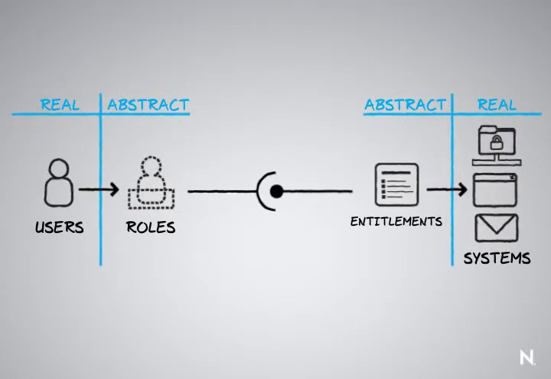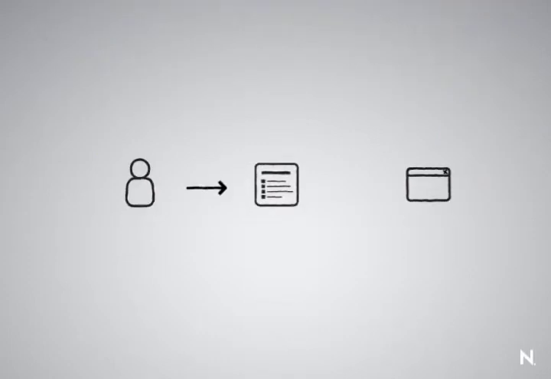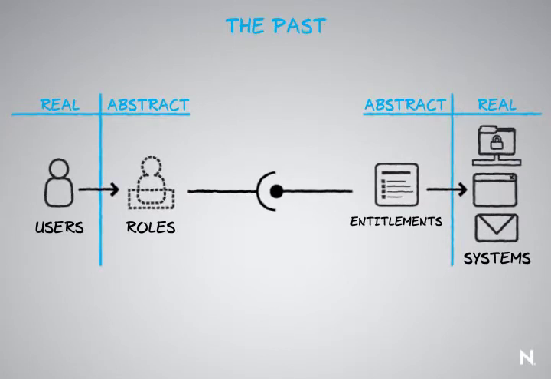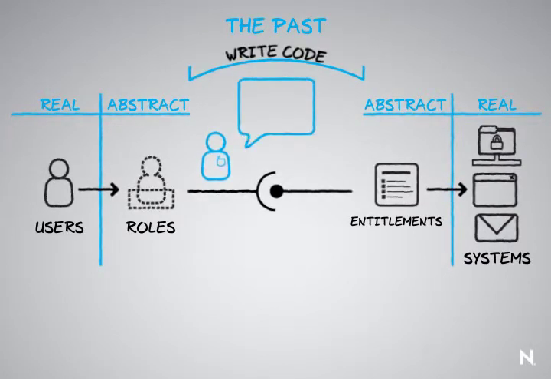But let's look at how you create that relationship. In reality, I can come in and take a user and give them an entitlement, but that doesn't seem very efficient. So what we've done in the past is that an individual has come in to write code, and they've written out this code that sets the policy up to define this particular link between them.